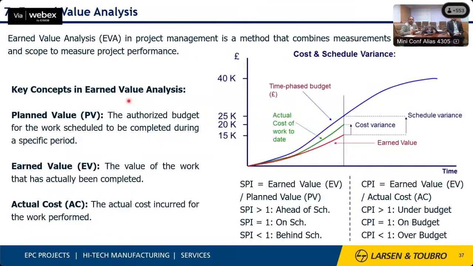This is the best way to monitor the project schedule and the cost. The method is called earned value analysis. Here we have the planned value, which is based on the baseline of the program, and the earned value. Once we start updating the project, how much work is done will generate the earned value for the project.